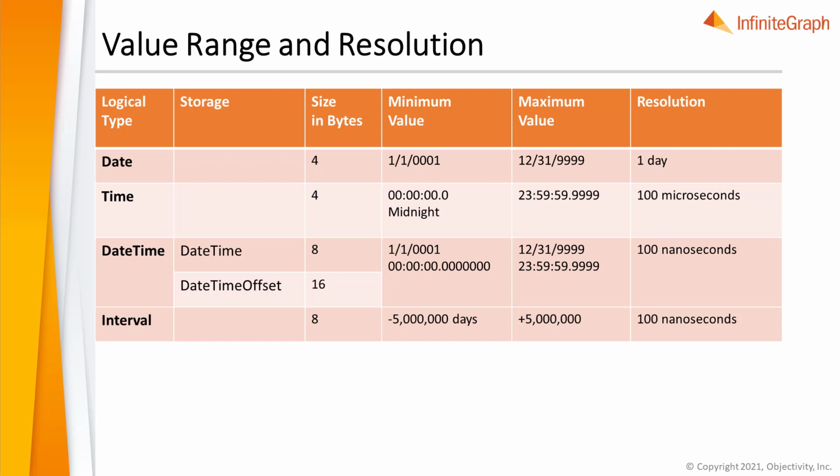The interval data type occupies 8 bytes in the database for each entry and has a minimum value of minus 5 million days and a maximum value of positive 5 million days. The resolution is 100 nanoseconds.